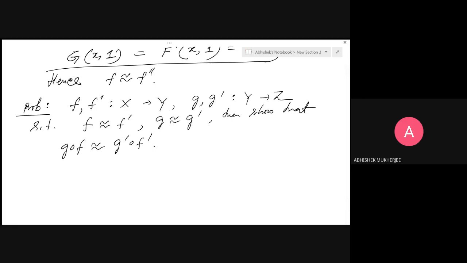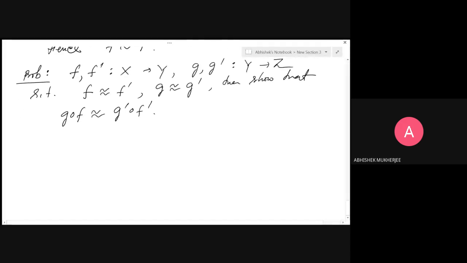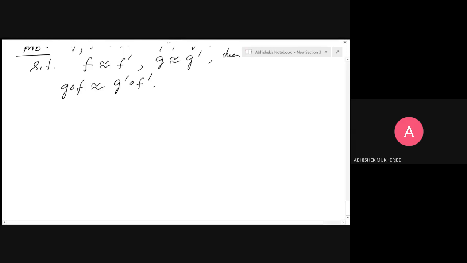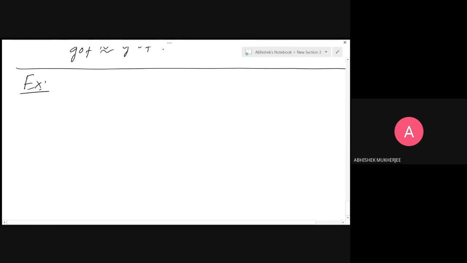Now let us have a look at an example. Let me draw an example. Let us consider the space X, which is R2 minus a point, that is, the punctured plane. Now consider two maps.